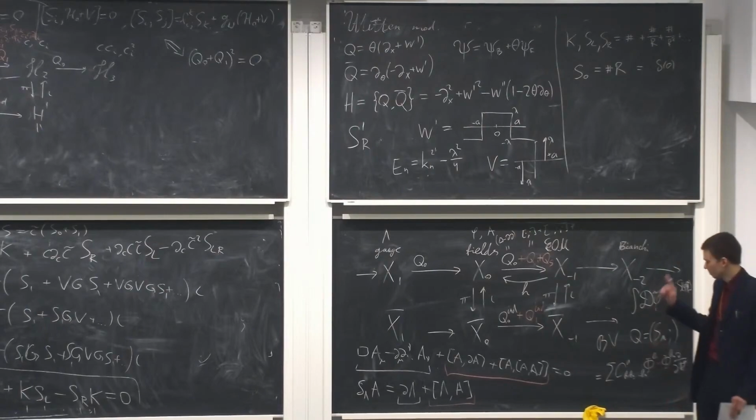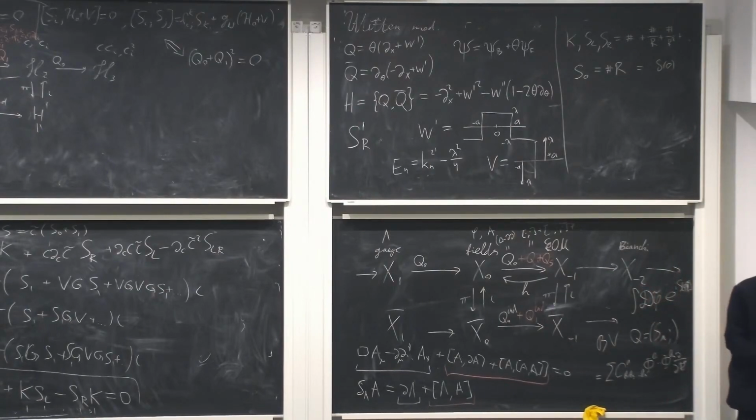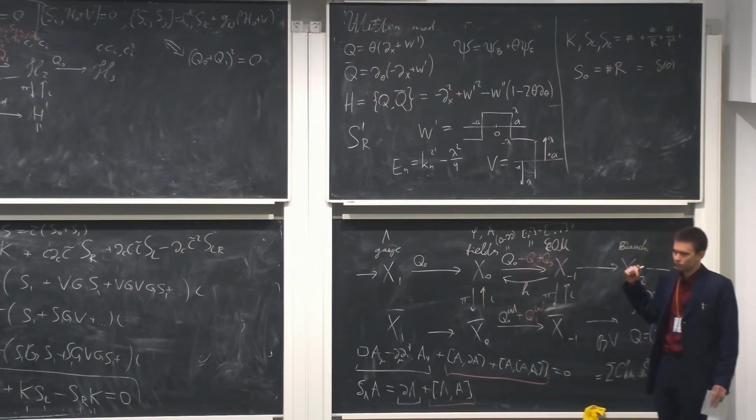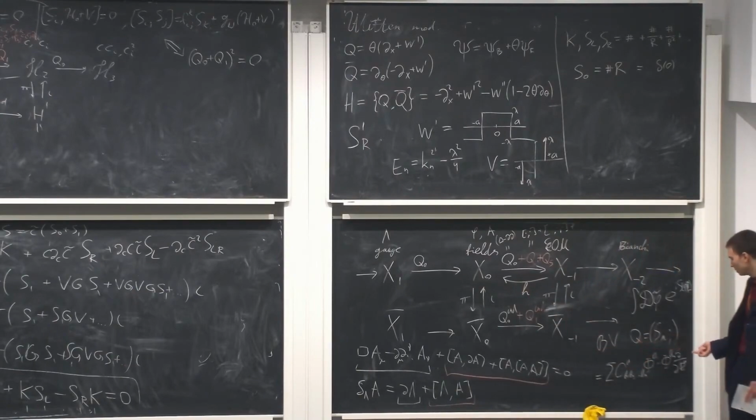That's a good point. It's very good that you mentioned it, because this picture works for tree level, so there's no implicit quantization here. To go to the quantum case, you need to solve the quantum master equation and work from there.